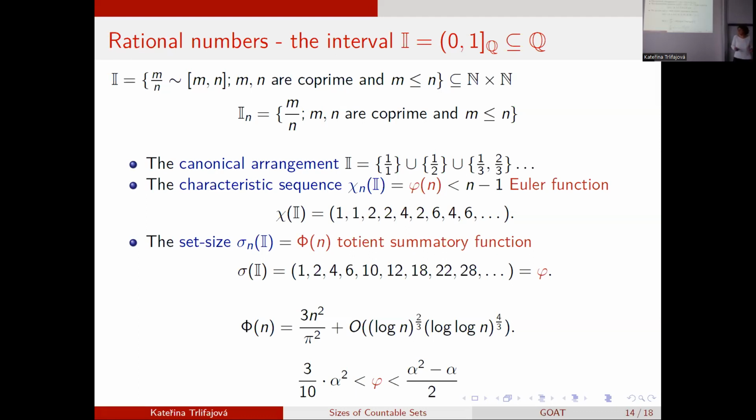It is greater than 3/10 alpha to 2, but it is less than this amount. It is somewhere between these. So it is in order equal to alpha to 2.